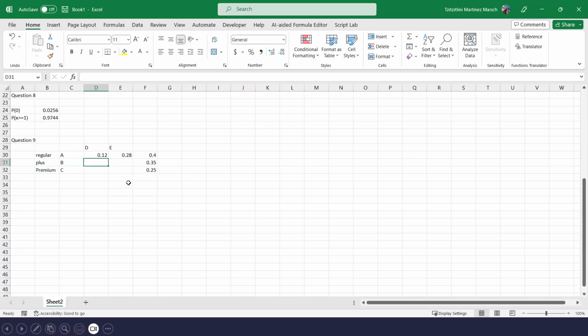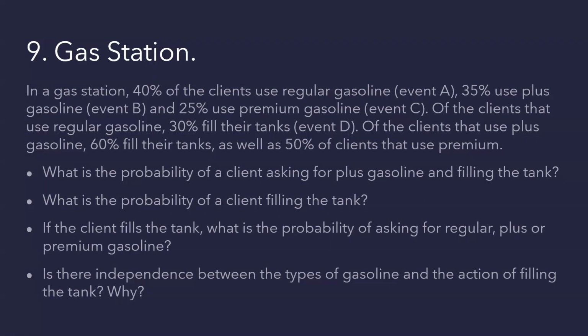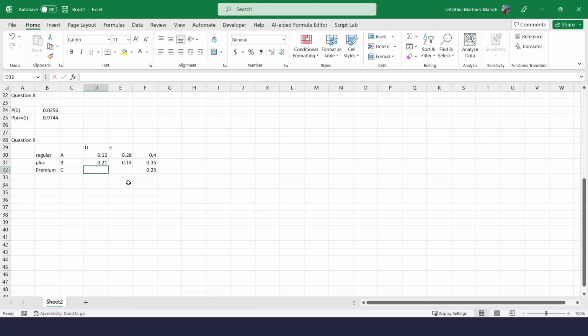So plus, it's going to be 60% fill their tanks, and that means 40% don't fill their tanks. And 50% in premium. So 50% fill their tanks, and that means 50% don't fill their tanks.